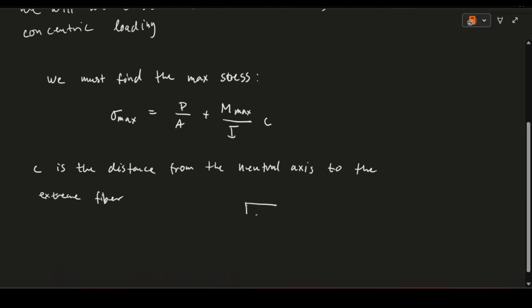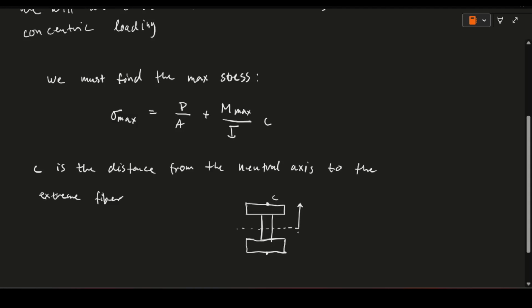Meaning that if we have, let's say, an I-beam looking like this, and this is then the neutral axis, this distance is C. There you will find the maximum bending stress.